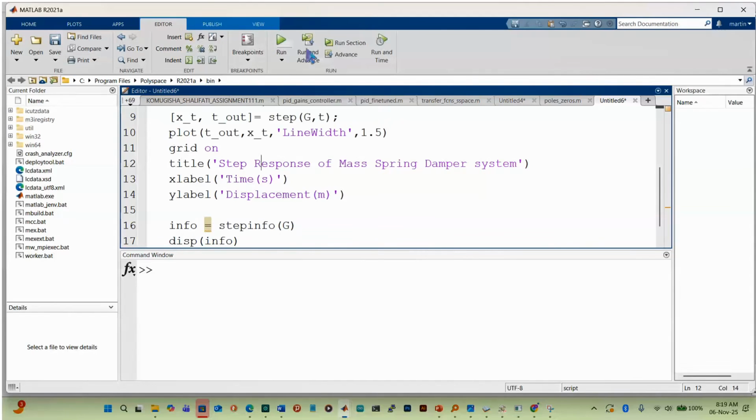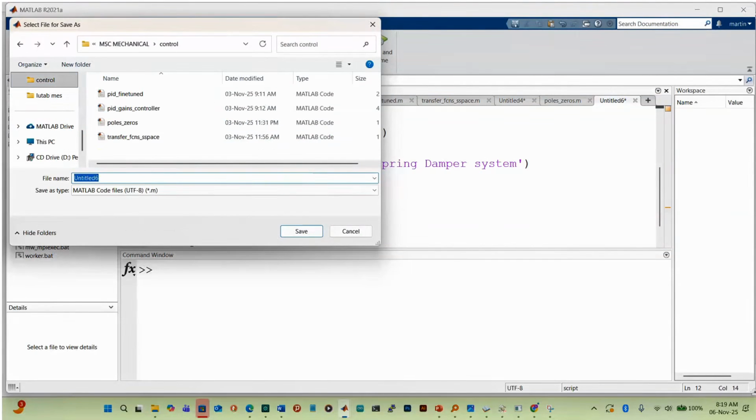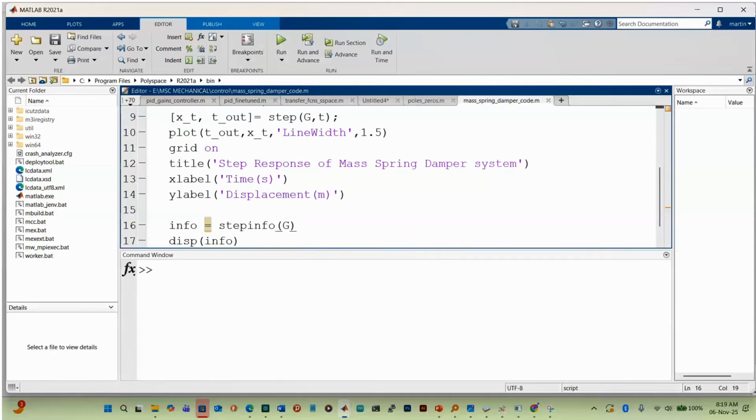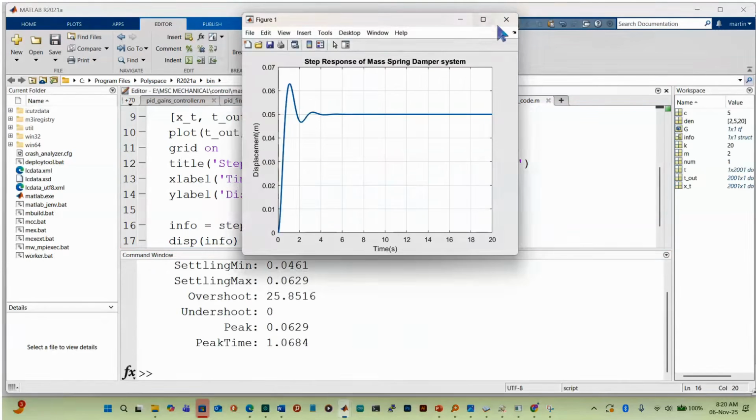Here I'm going to first of all save, so I know where to save. This is going to be the mass-spring-damper code. Then we run. When we run, this is what we get.